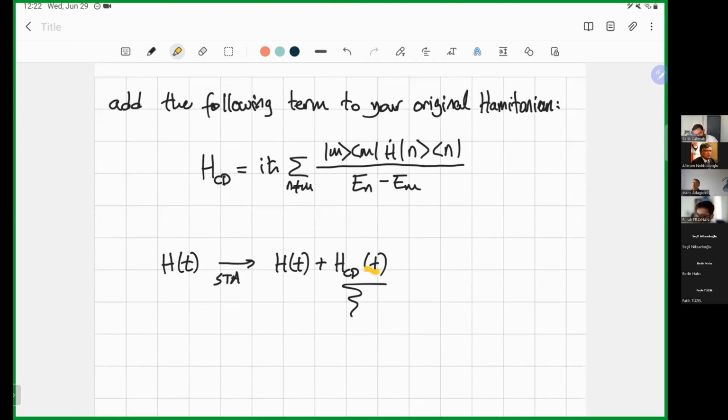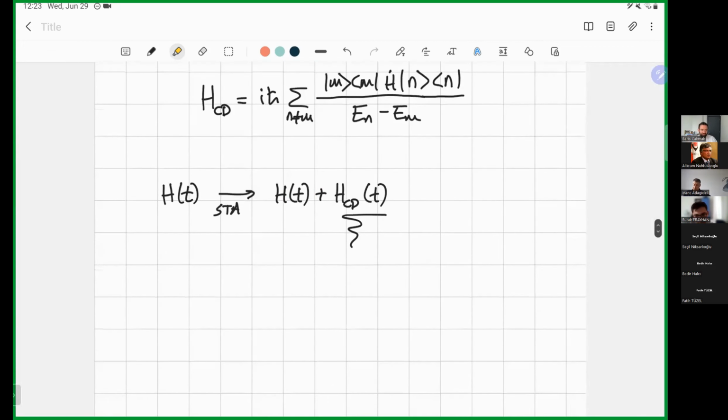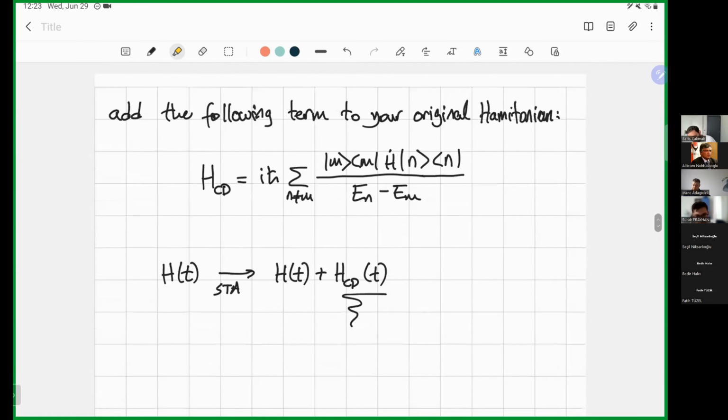This counter-diabatic Hamiltonian makes sure that you follow the adiabatic states, the adiabatic manifold, the adiabatic path at all times, no matter how fast your Hamiltonian is changing. This is quite nice.